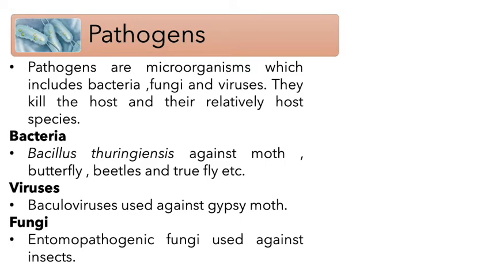Some bacteria like Bt are successfully used against moths, butterflies, beetles, and true flies. Some viruses like baculoviruses are also used against gypsy moth. Fungi like entomopathogenic fungi are also used against insects as a biological control program.